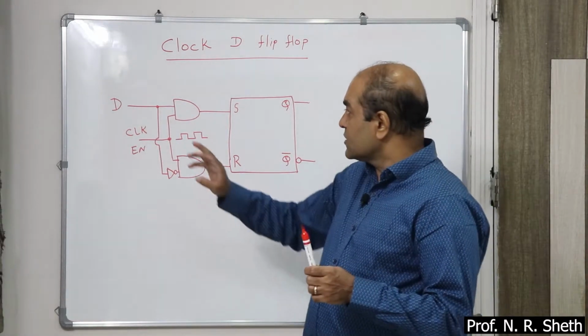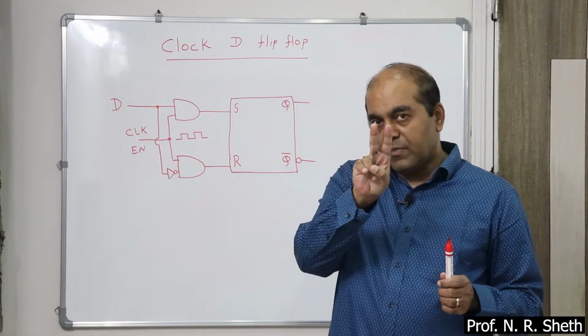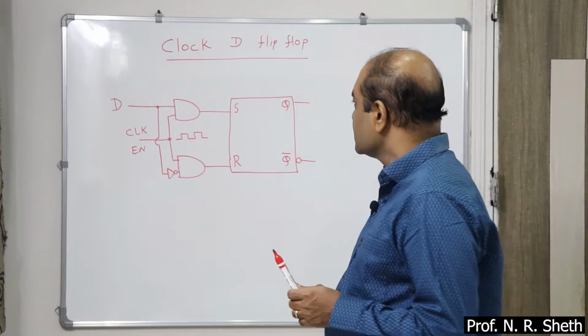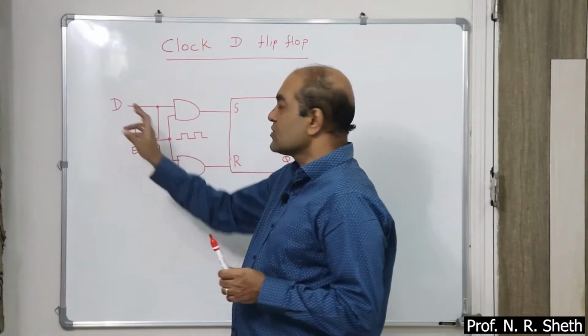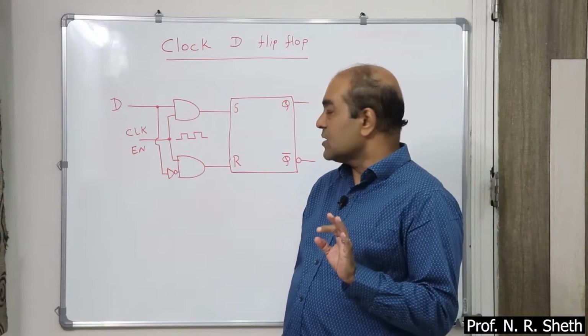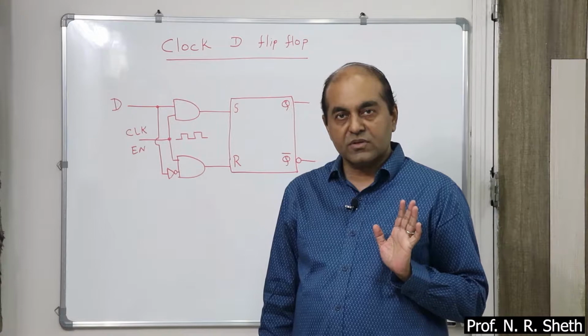So you can say that this is D and this is D bar. So in place of two inputs, S and R, this circuit has only a single input. This circuit has only a single input, that is the data input. Okay.